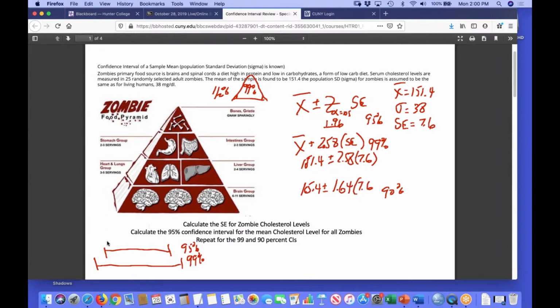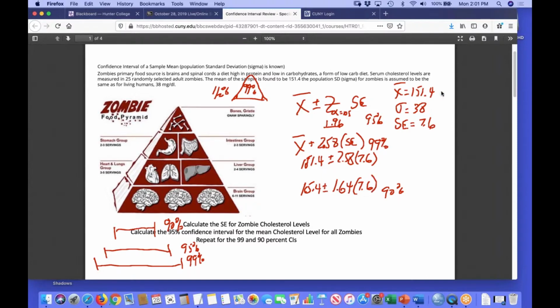It's going to be narrower. So our 90% confidence interval can afford to be a narrower range, because we'll accept less confidence; we're willing to miss capturing the true population mean 10% of the time instead of 5 or 1% of the time. So it can afford to be narrower. That's going to be 1.64 times 7.6.